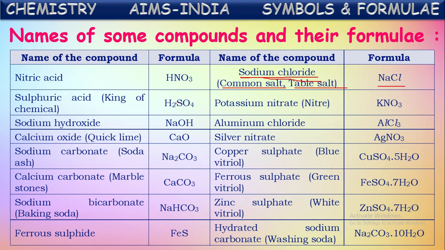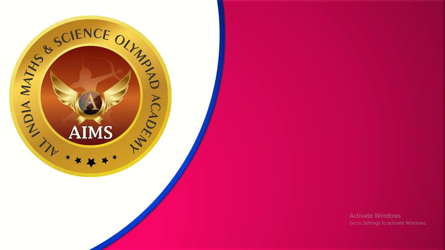And one more, H2SO4, whose chemical name is sulfuric acid, but it is familiar by its common name, king of chemicals. So some compounds have common names or tribal names which are more familiar than their systematic names. Okay, this is about the naming of chemical compounds from their formulae.